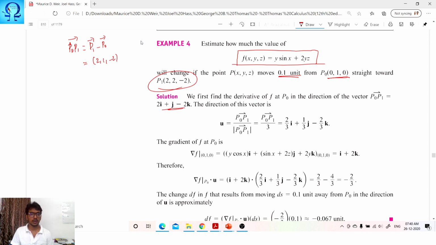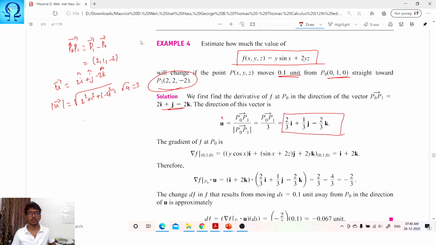Now let us evaluate whether this is a unit vector or not. Let us take u vector to be 2i plus j minus 2k. Its magnitude is the square root of 2 squared plus 1 squared plus (-2) squared, which is the square root of 9, which is 3. Therefore your u cap is going to be p0p1 upon the absolute value of p0p1, and this is your unit vector.